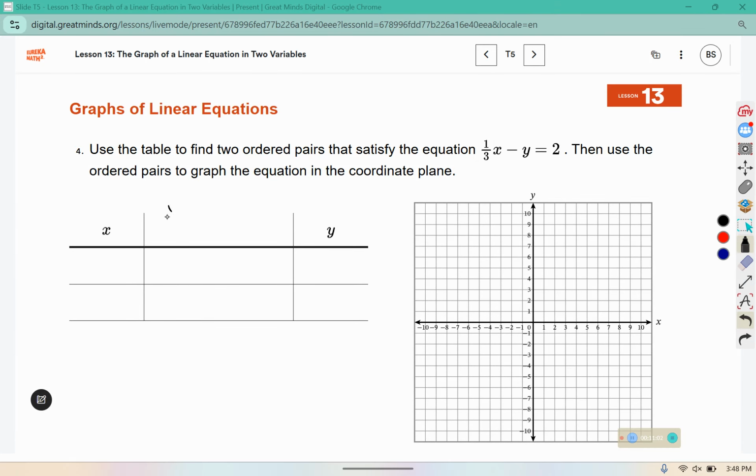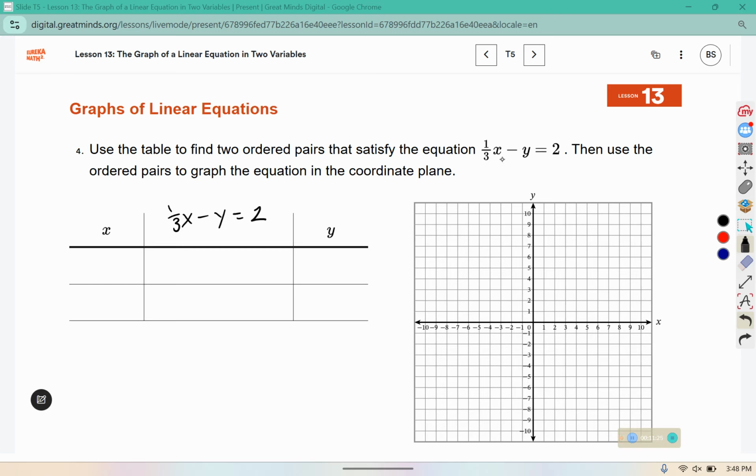So here our equation is 1/3 x minus y equals 2, and this is linear. We need to use ordered pairs to graph the equation in the coordinate plane. Now, even though I am a math teacher, I am not a fan of fractions, especially when they're not nice fractions to work with.